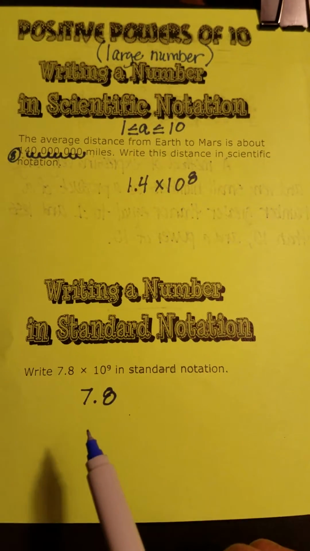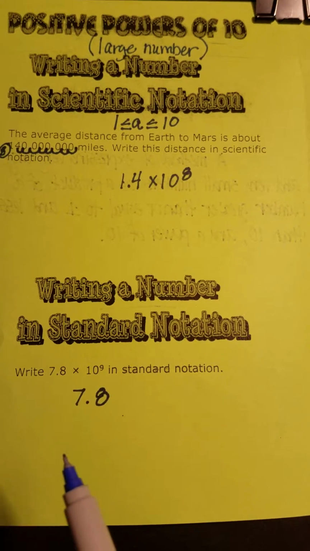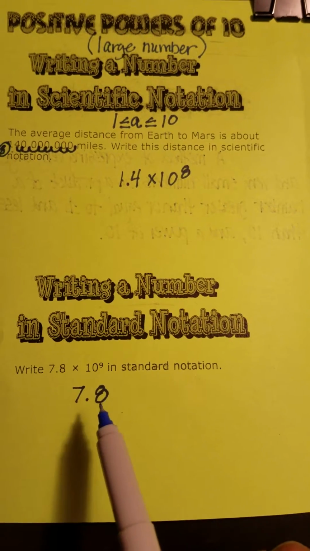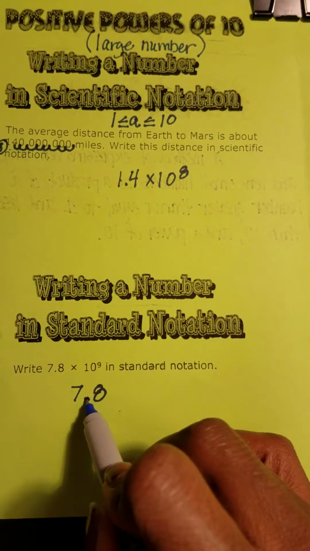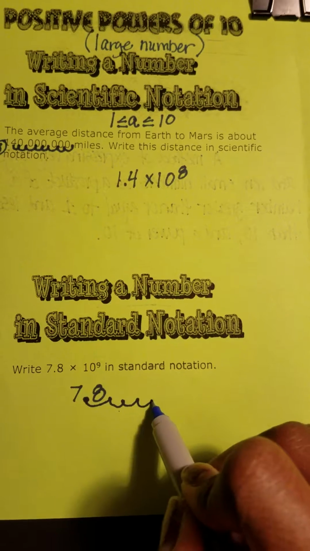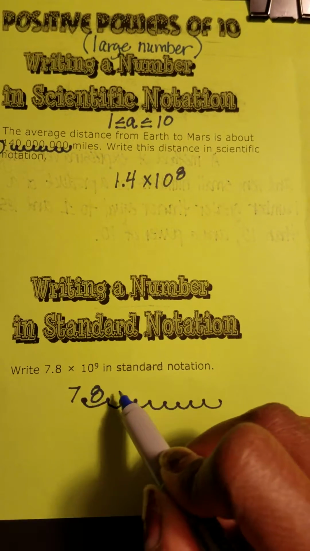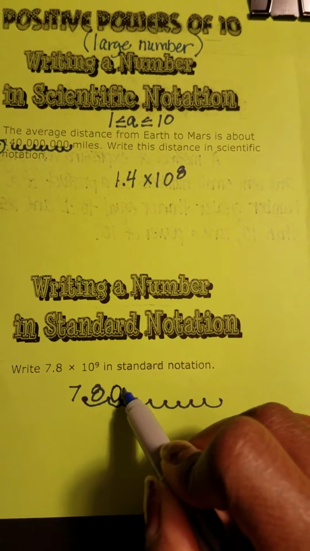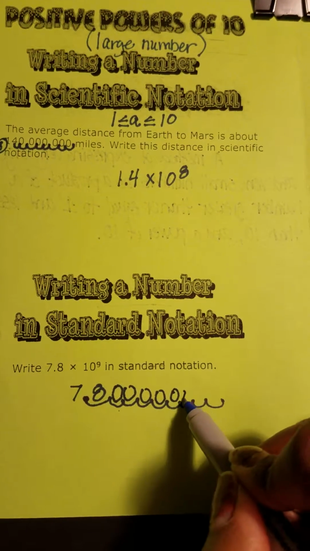I'm always going to start with my decimal if there's a decimal present in the number. So here, I'm going to start at the decimal right after 7, and I'm going to count 9: 1, 2, 3, 4, 5, 6, 7, 8, 9. And I'm going to fill those loop-de-loos in with zeros.